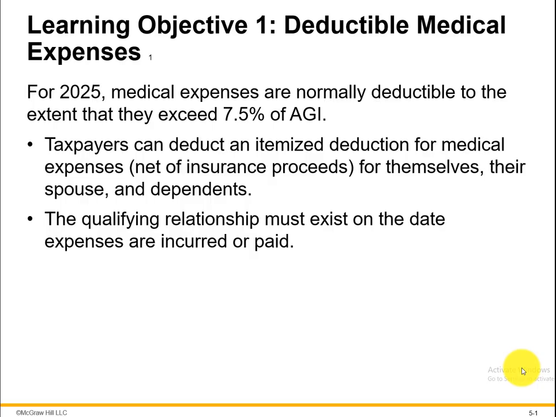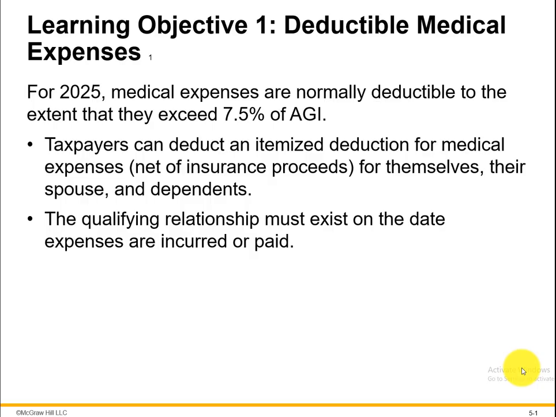If you had $8,000 of deductible medical expenses, you would only be able to deduct $500, the amount that you went over that floor of 7.5% of AGI. So you see, when we talked about lowering AGI, in this case, if your AGI was $100,000 and you had medical expenses of $8,000, you'd only get a deduction for $500.